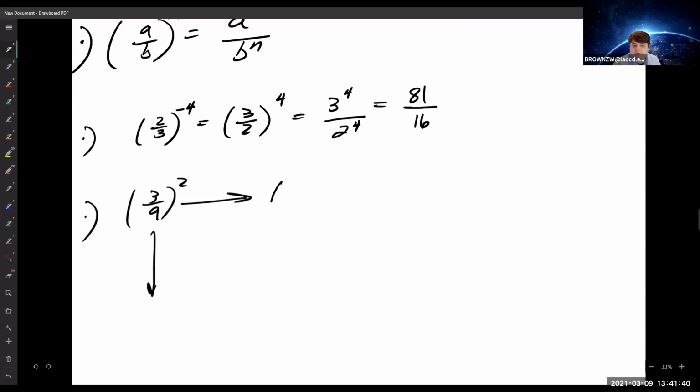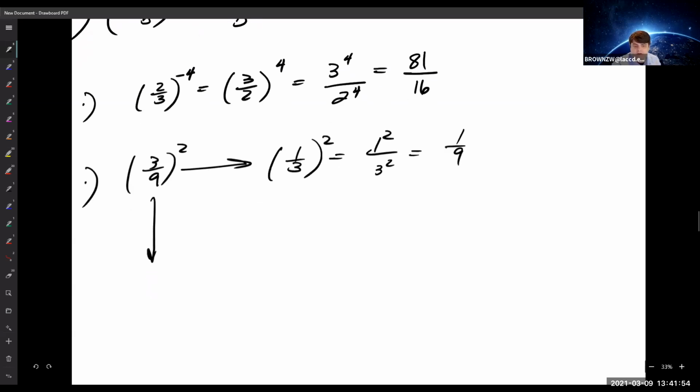So here, if you simplify it before, that would be 1/3 squared, which would be 1 squared over 3 squared, which is 1/9. Or you could square it first, so that's 3 squared over 9 squared, which is 9 over 81, and then simplify it after the fact. You get the same value either way, 1/9.